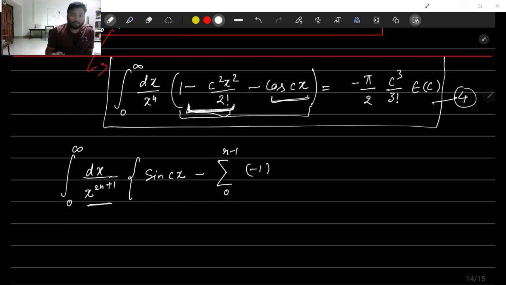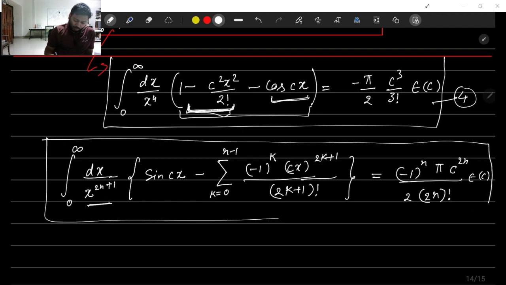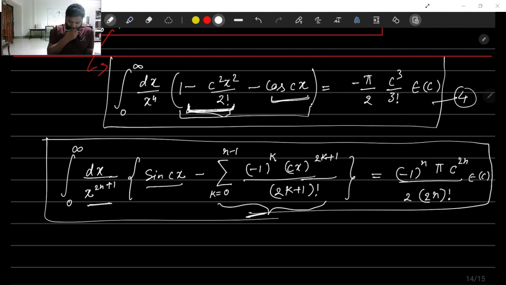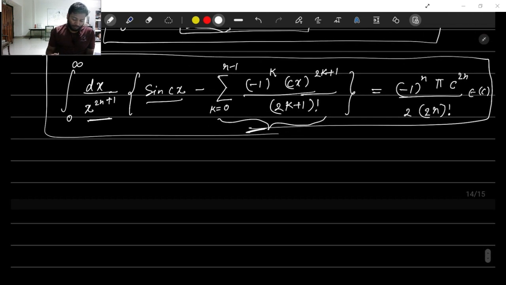You have to write the general term for the sine series. So if you do the integration n times, you are going to get this integration. So this is the first n minus 1 terms of the sine series, and this is sine of cx, and if you are doing the nth integration, you are going to get this Dirichlet form of the integration.